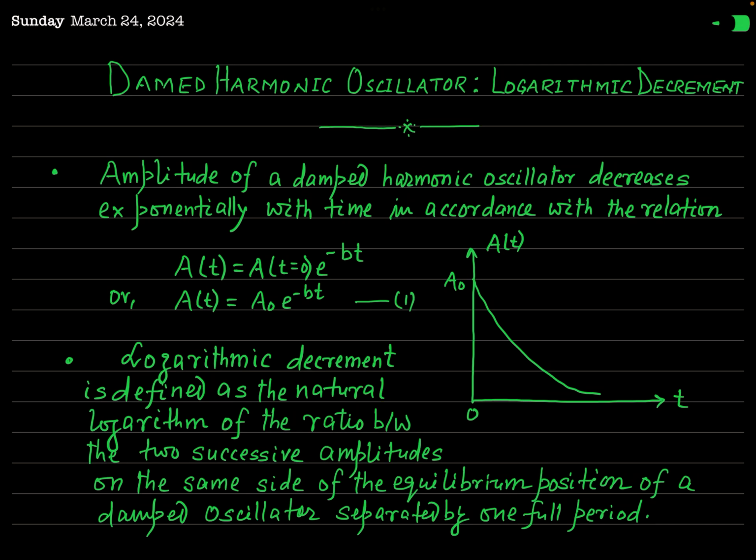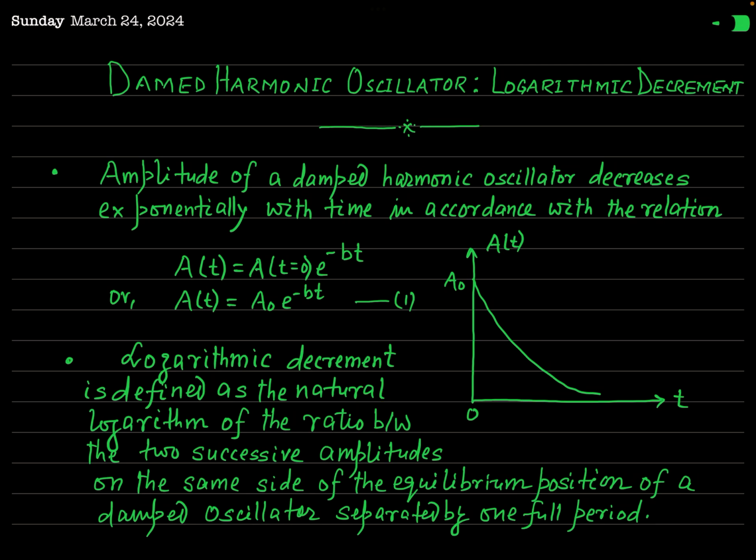As you know, in case of a damped harmonic oscillator, the amplitude of oscillation decreases with time exponentially, and the relation for how it decreases with time you have already studied in the previous lecture.